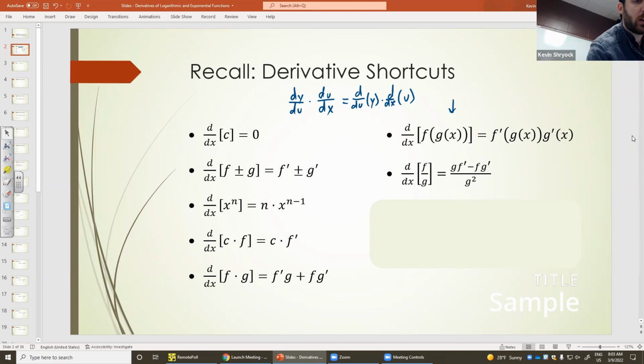So then I backtrack that a little bit and I start making it be derivatives of f's and derivatives of g's.